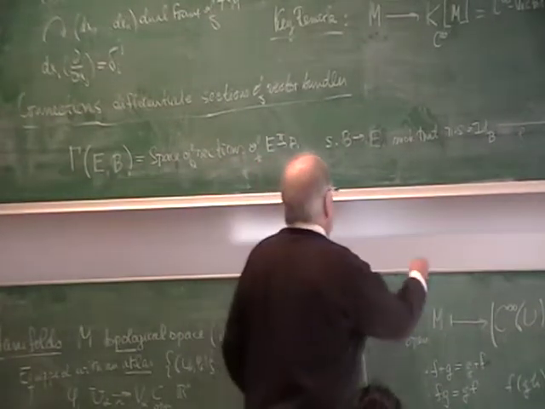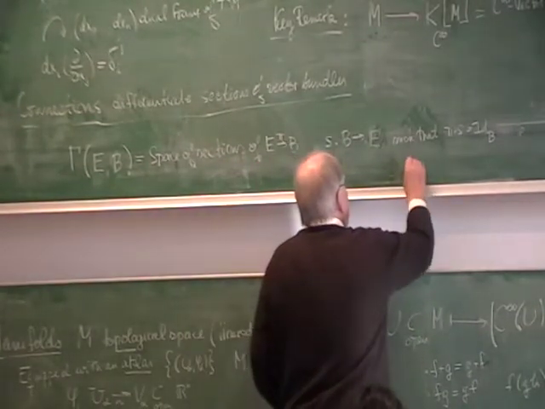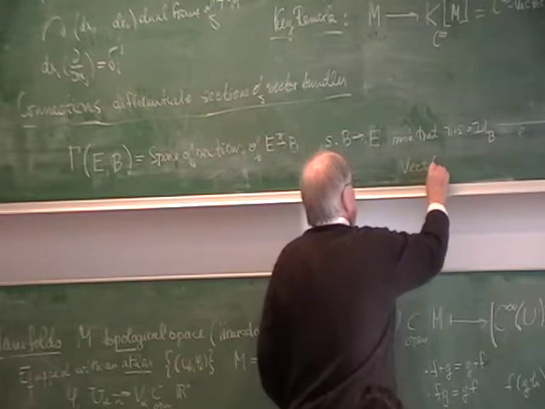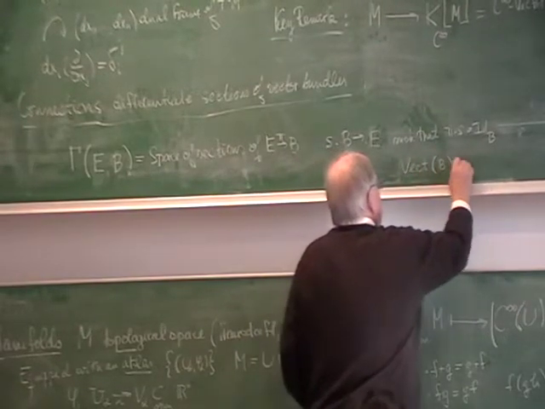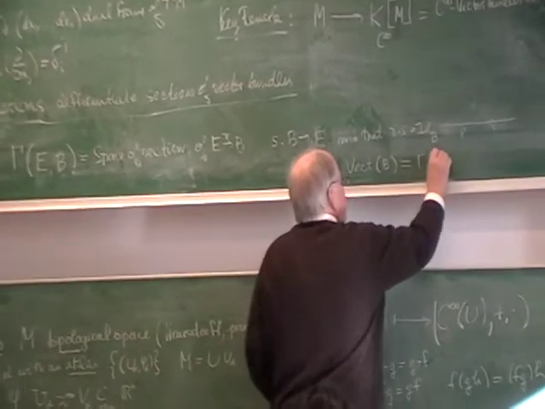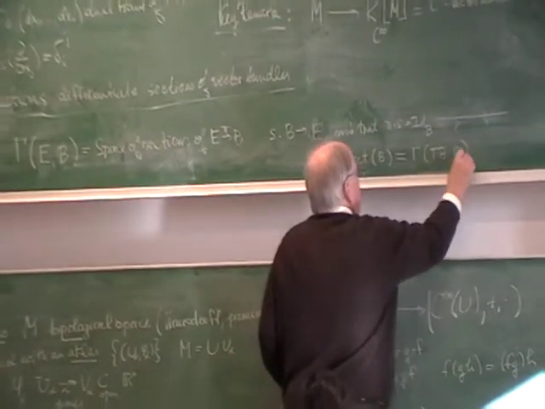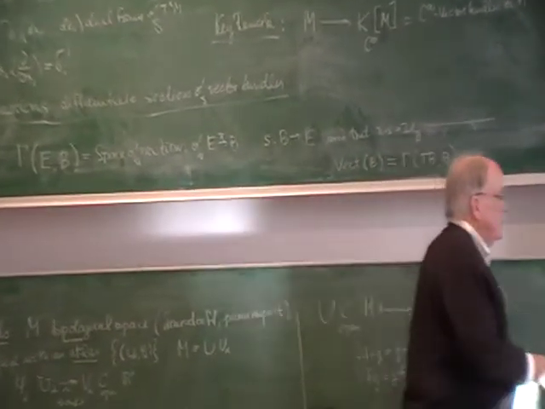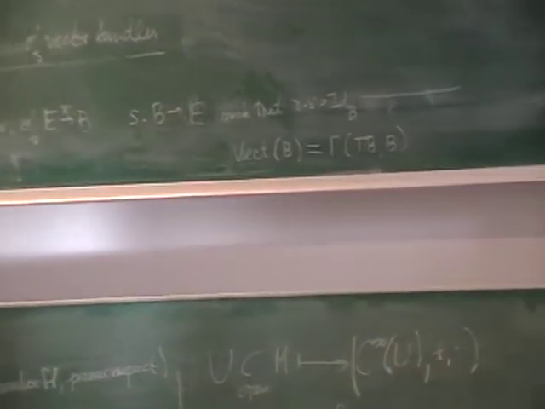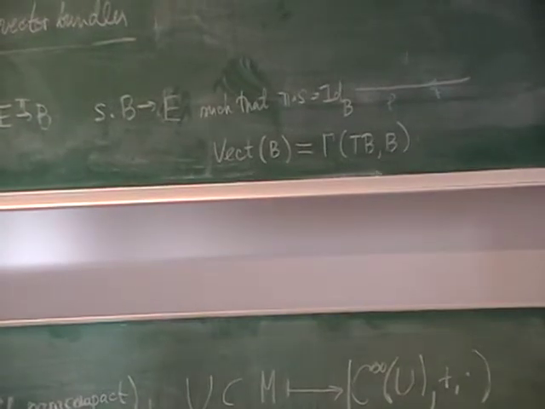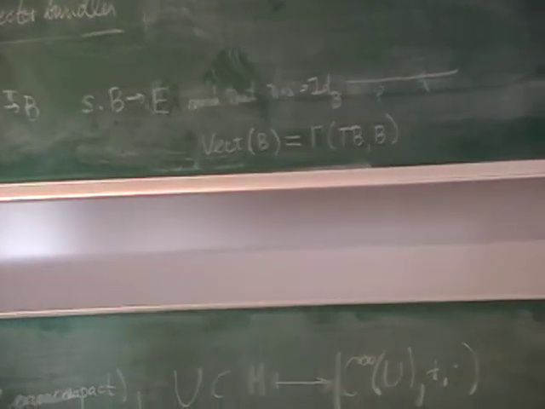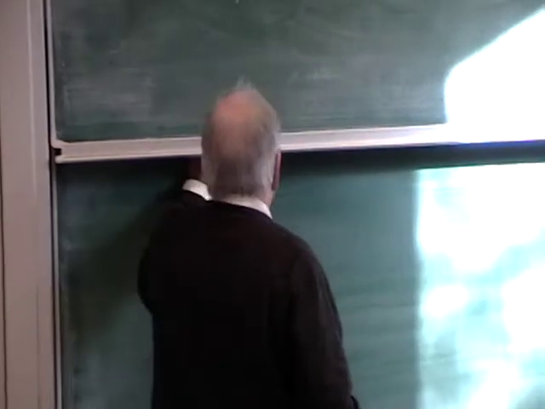And we talked about this last time. I think it's completely clear to you. The vector fields on the base are the space of sections of the tangent bundle of the base. That's the motivation for us.